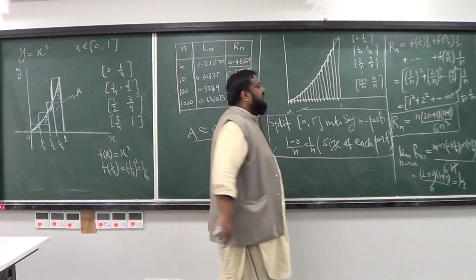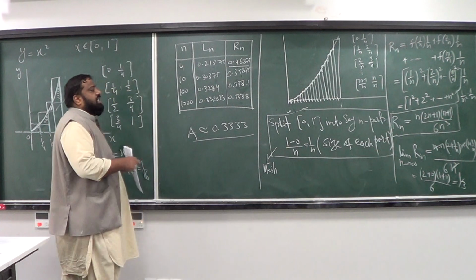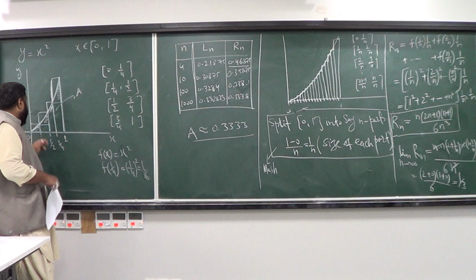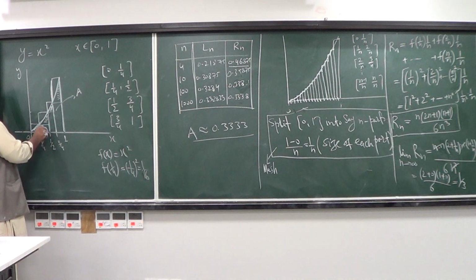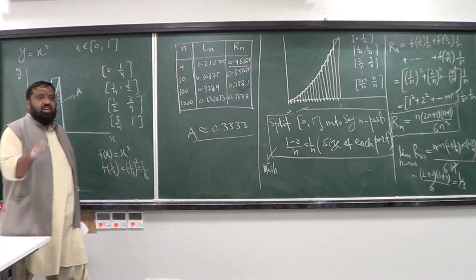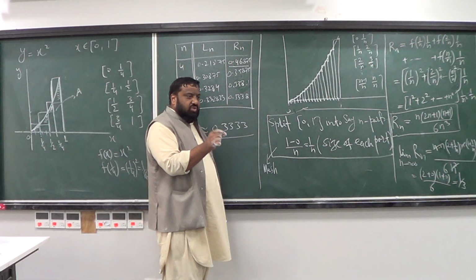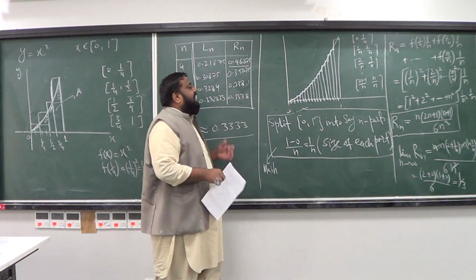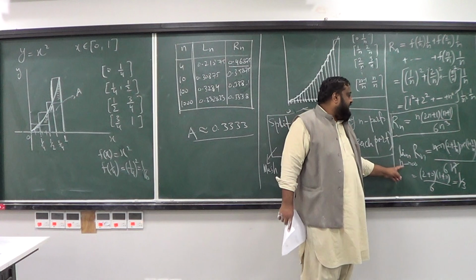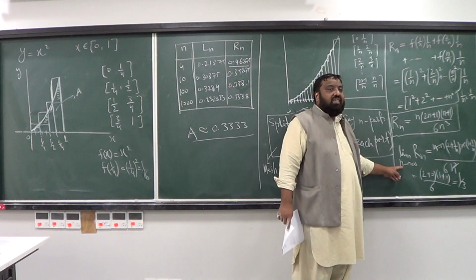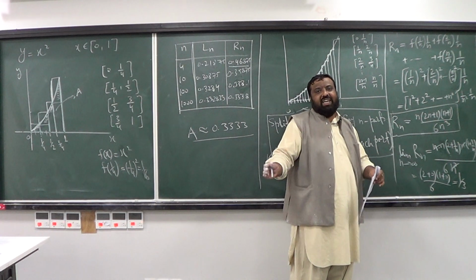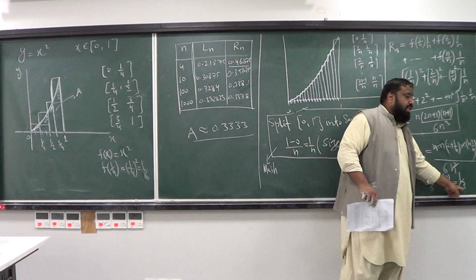So what does this interesting result tell you? This interesting result is telling you that in this picture, if you keep on increasing the number of intervals, and on each subinterval you make a rectangle, in other words, if you increase the number of rectangles, then the sum of the areas of rectangles that you calculated through right end point is going to be 1/3.